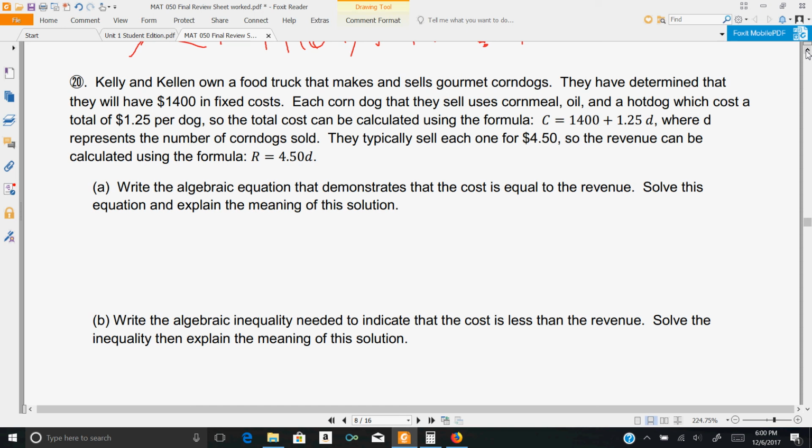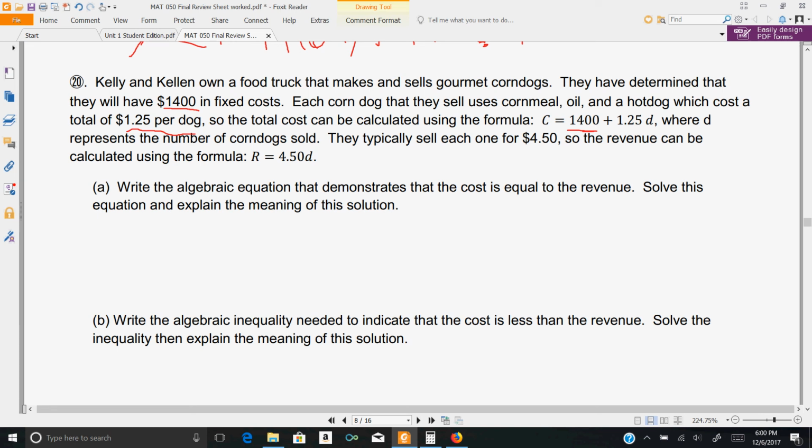In this problem, they've done a lot of the work for you. They've actually written the equations. And if you look at the cost equation, you've got the 1,400 there. That comes from the fixed costs. It does not depend on the number of corn dogs sold. And the $1.25 comes from here where it says $1.25 per corn dog. So every corn dog costs that $1.25.